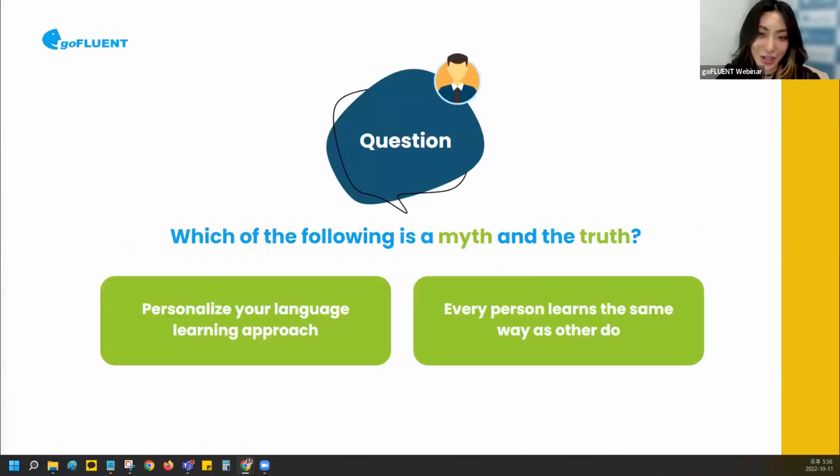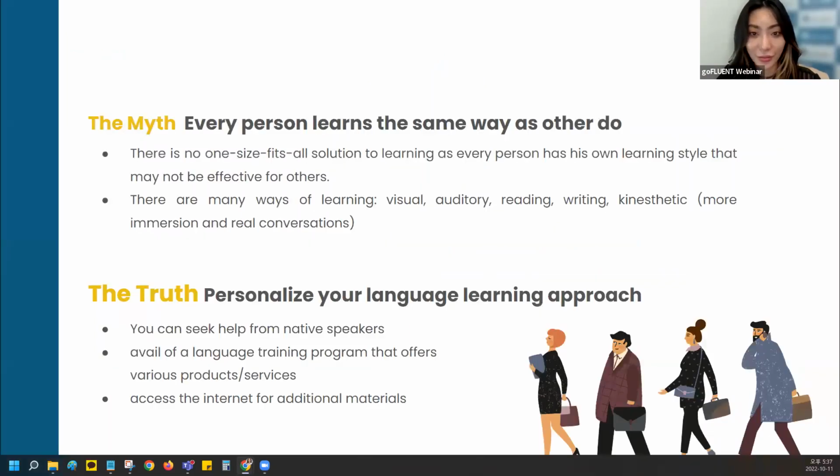So next question, which of the following is the myth and which is the truth? Personalized language learning approaches are more effective, or every person learns the same way as everyone else. It is actually a myth. There is no one-size-fits-all solution to learning, as every person has their own learning style that may not be effective for others if an approach isn't tailored to you. So you may find language learning a little bit more challenging.